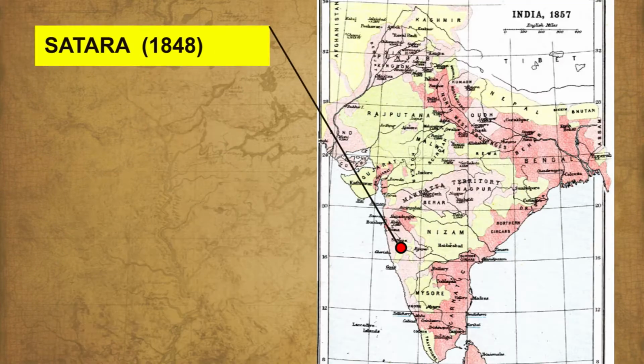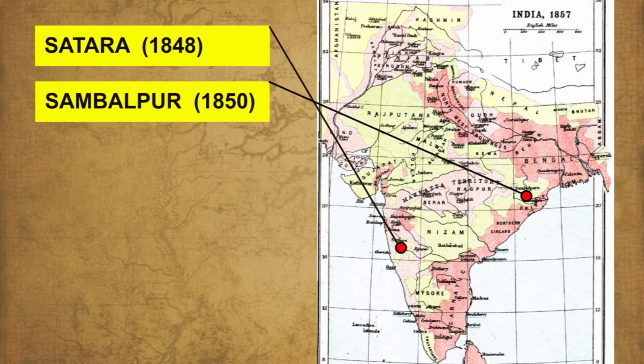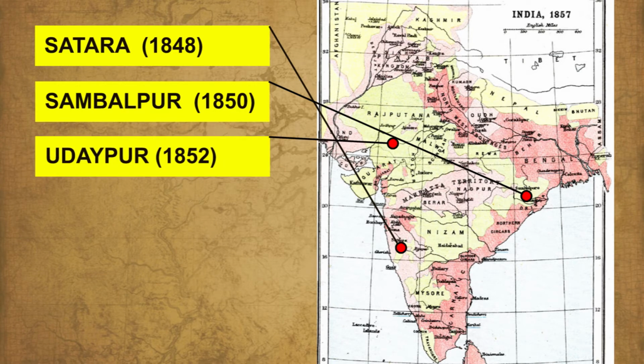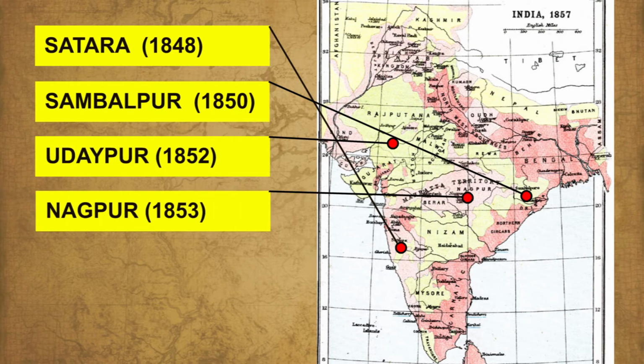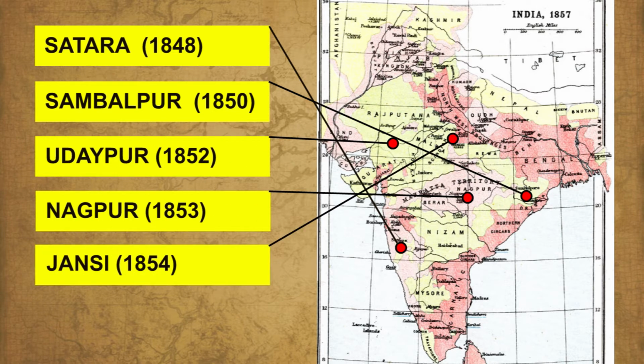Under the Doctrine of Lapse, the Company annexed many kingdoms one after another. This includes Satara in 1848, Sambalpur in 1850, Udaipur in 1852, Nagpur in 1853 and Jhansi in 1854.